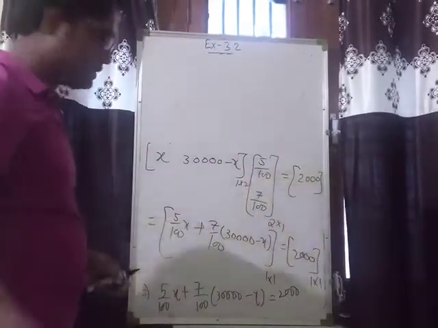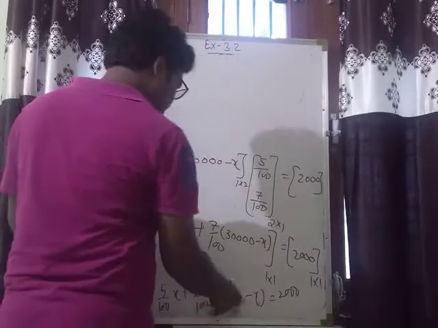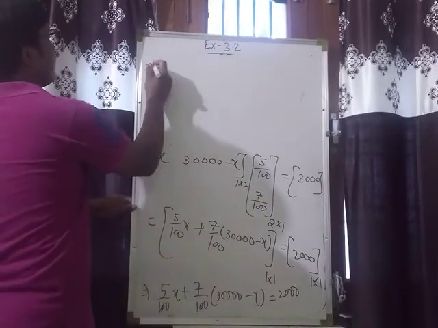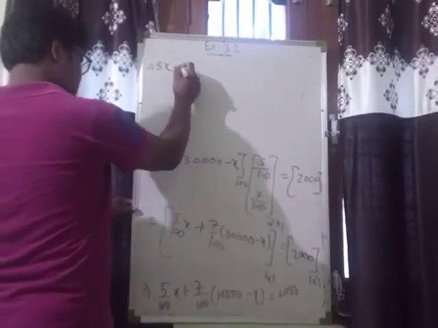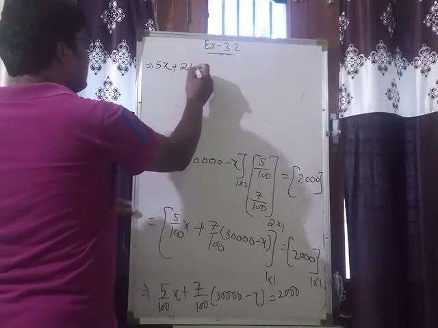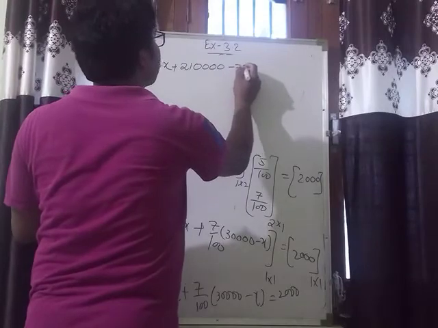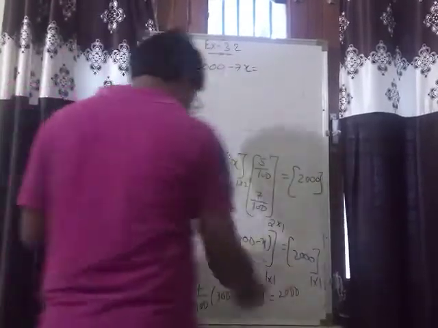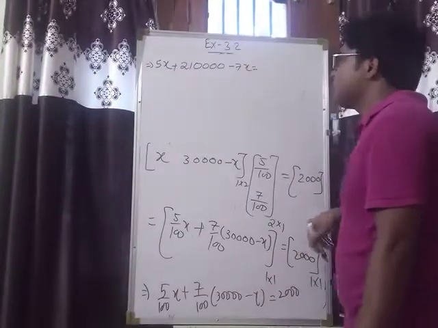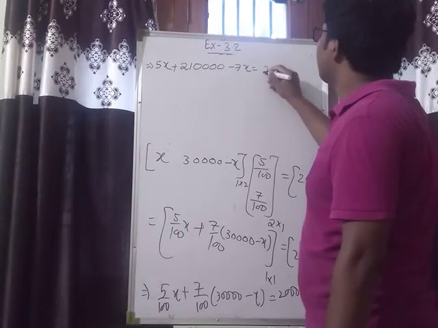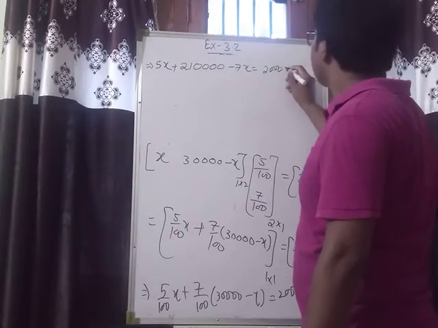We will get the values of investment in two bonds. See, from here we will get 5x and plus 7 3s are 21, 1 2 3 4 zeros, minus 7x and that is equal to 2000 into 100. We divided by 100 on both sides, so that will be 2000 into 100.